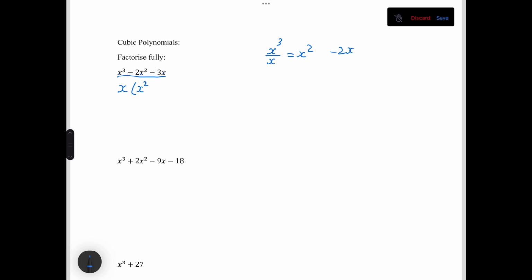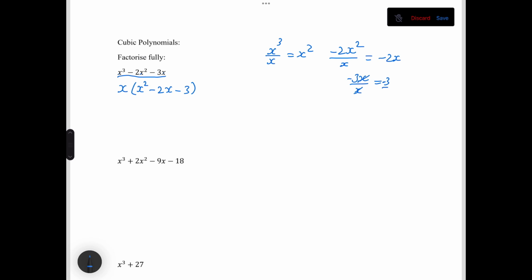Then the second term, minus 2x squared over x, gives me negative 2x. And the last one, negative 3x divided by x, gives me negative 3. So we substitute our answers: minus 2x and then minus 3.